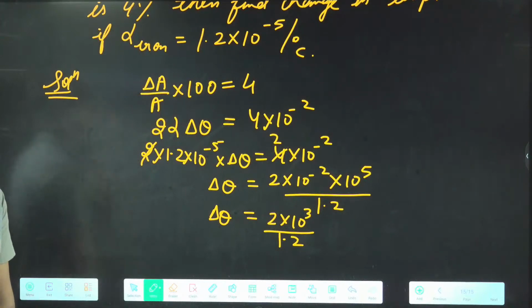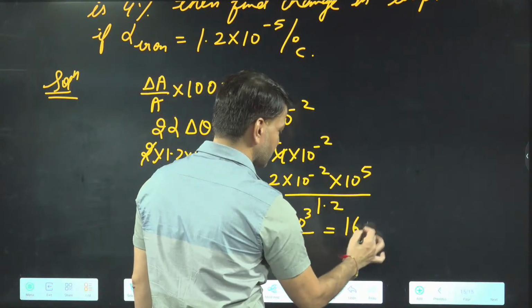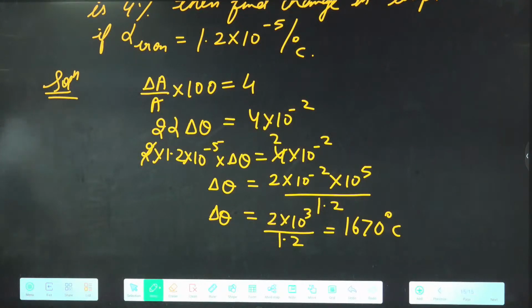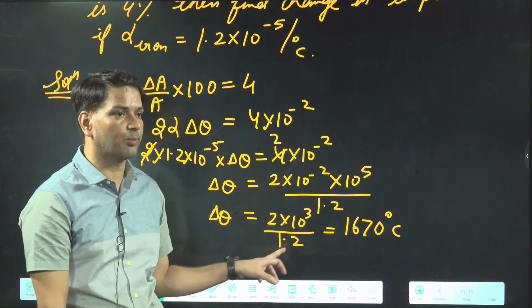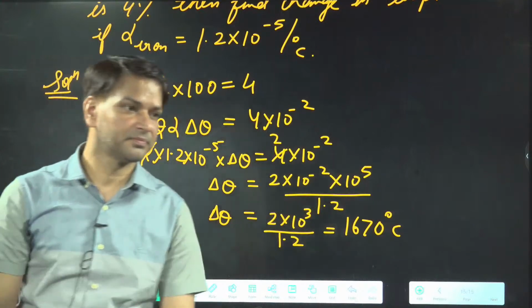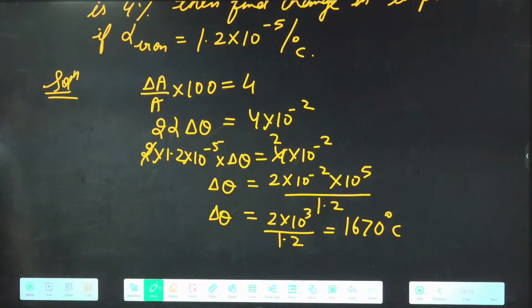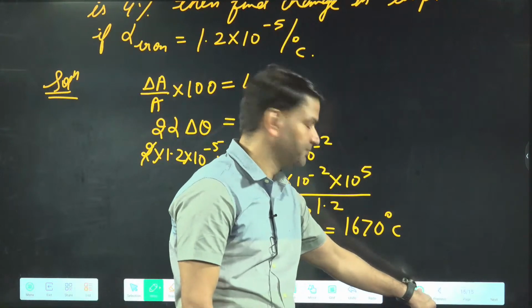So 1670 degree C. I have not calculated, you are calculating. Everybody got the right calculation, 2000 upon 1.2, which when divided gives 1670.